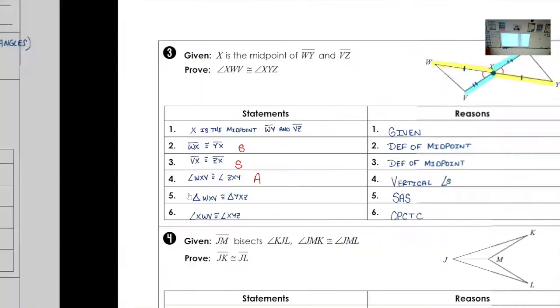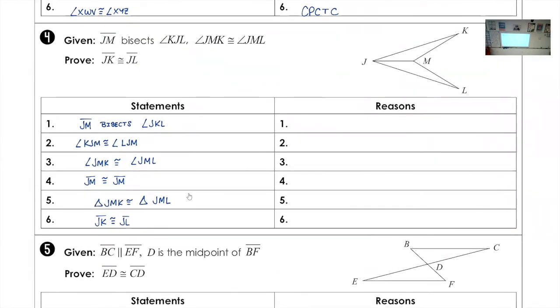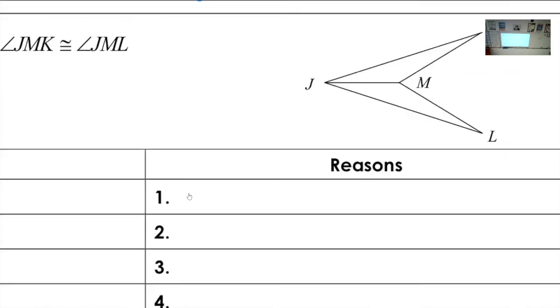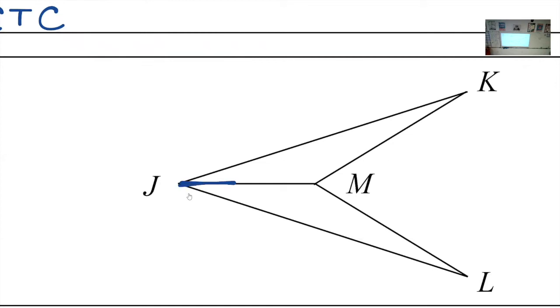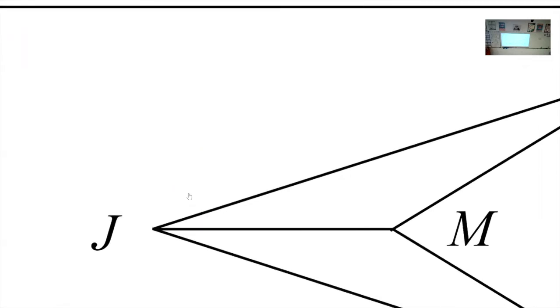All right, let's go to the next page, down to number 4. Your blue was in there, right? Good. All right, so JM bisects angle KJL. What does it mean for this line to bisect this angle? That means it cuts it into two congruent angles.